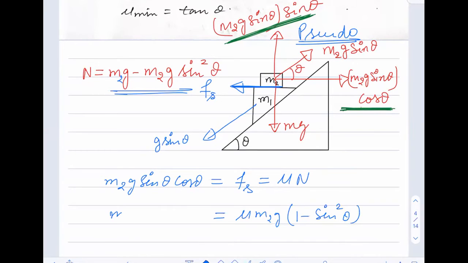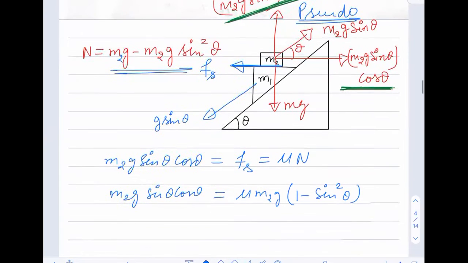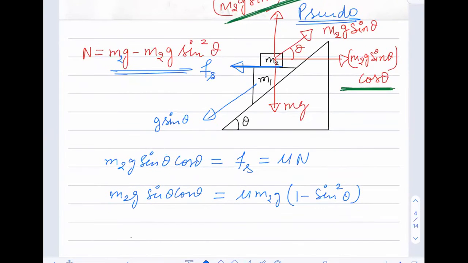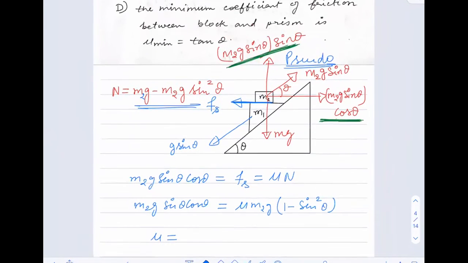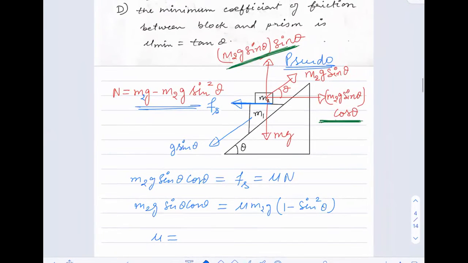Here you have m2 g sine theta cos theta. Now you tell me what is the answer for mu. I want you people to solve it from here and tell me the answer for mu. Okay, tan theta, one answer I got.